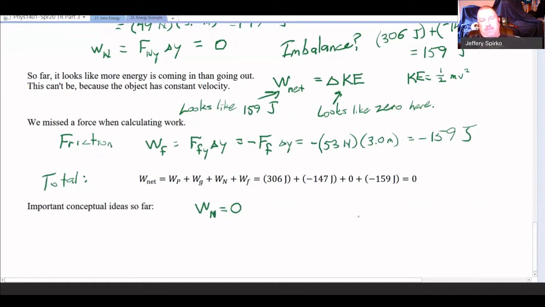And that happened because a force perpendicular to motion causes no work.